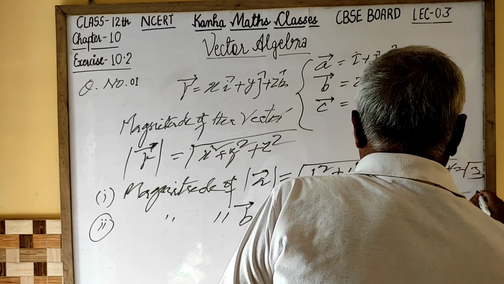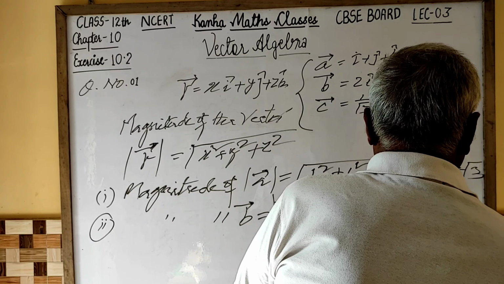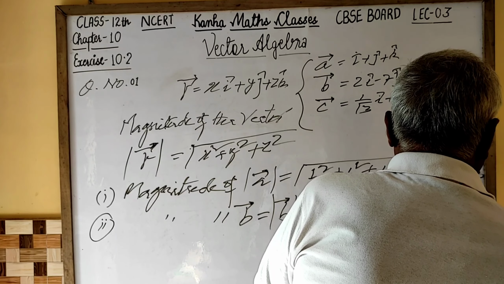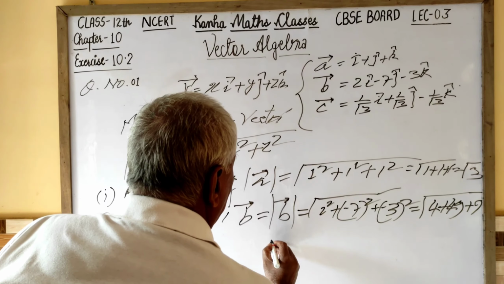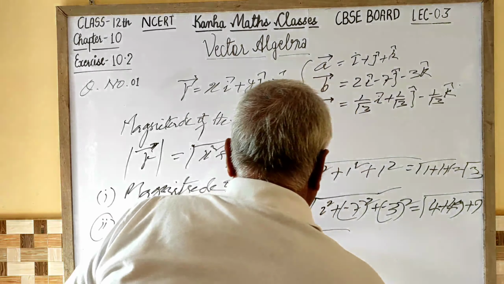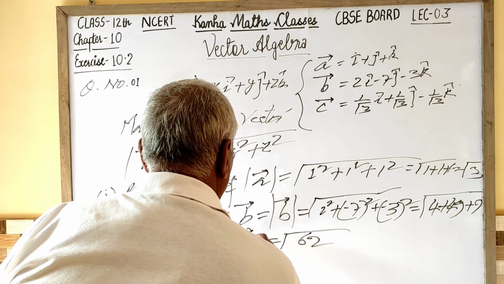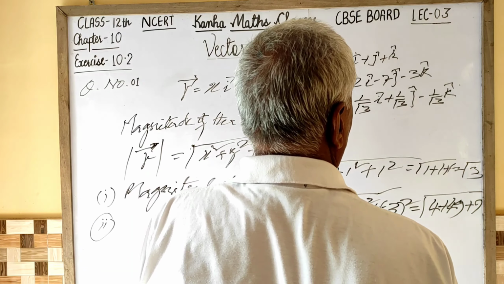I mean 2 square is 4, minus 7 square is plus 49, and minus 3 square is plus 9, and this is under root 62. Now the magnitude of the second vector B is equal to under root 62.